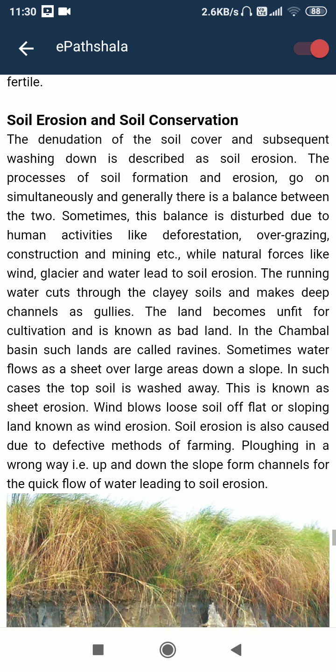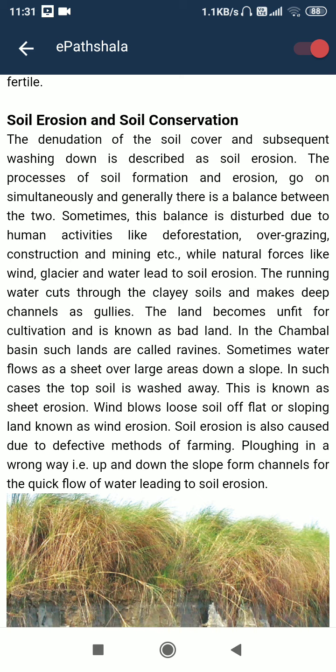Soil erosion and conservation. The denudation of the soil cover and subsequent washing down is described as soil erosion. The processes of soil formation and erosion go on simultaneously and generally there is a balance between the two.